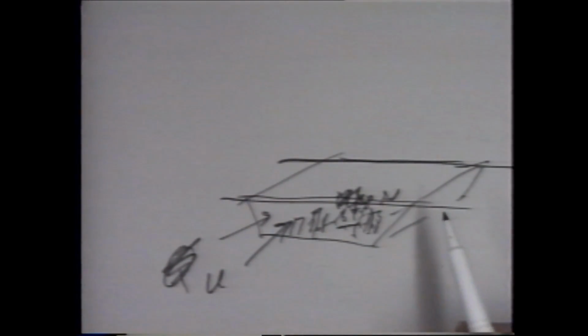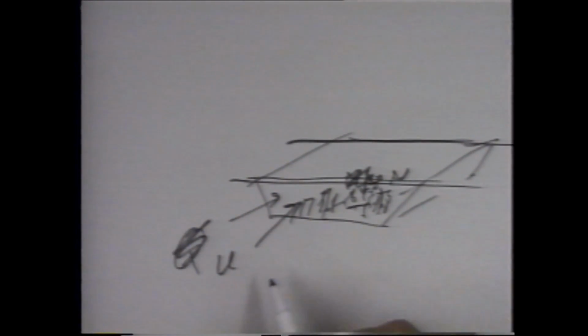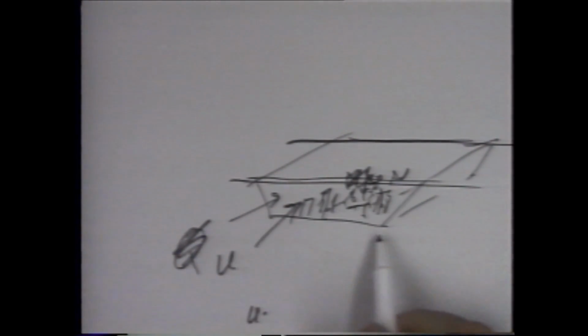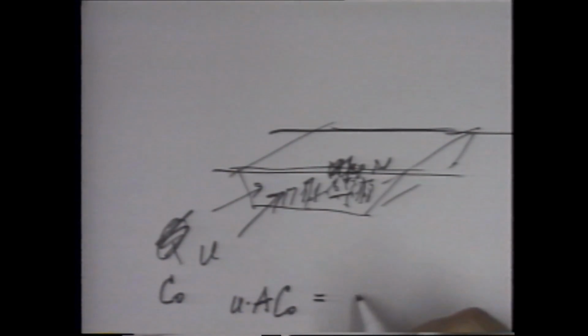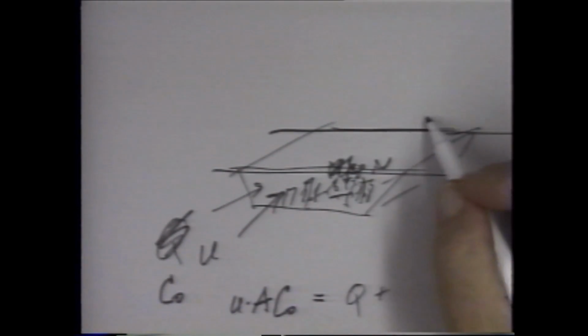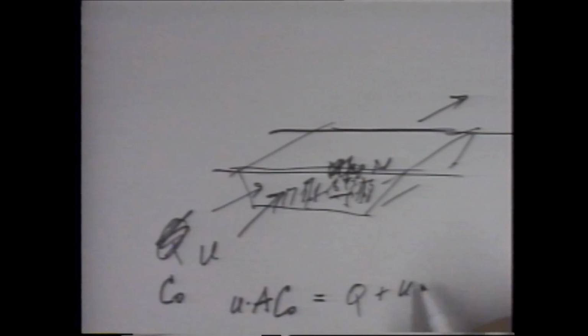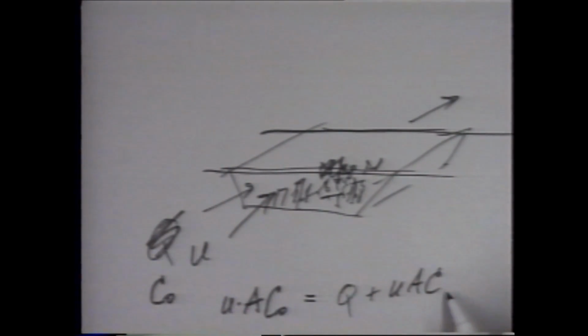And we can do a very simple box model where the wind velocity times the front area of that box times the inlet concentration of the pollutant, which may be 0 or may not be, would be equal to whatever emissions occur inside the box plus the amount of material being carried out, U times A times C exit.